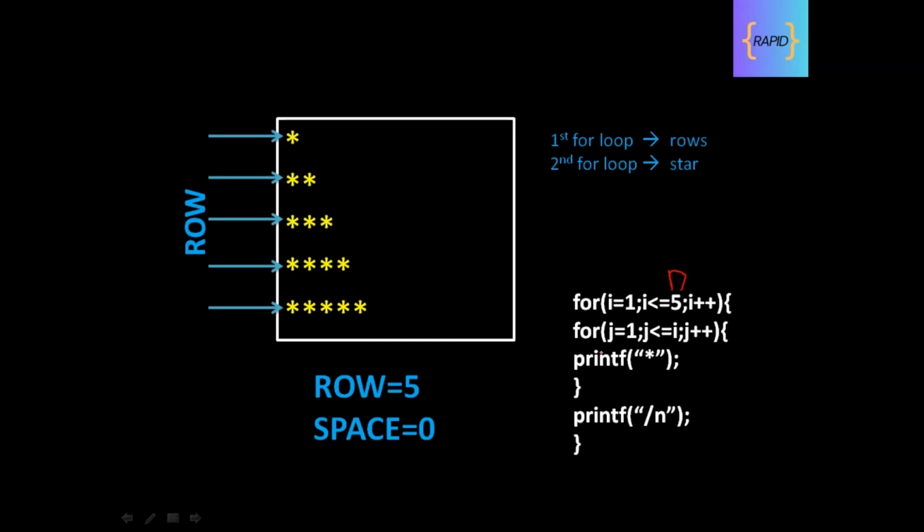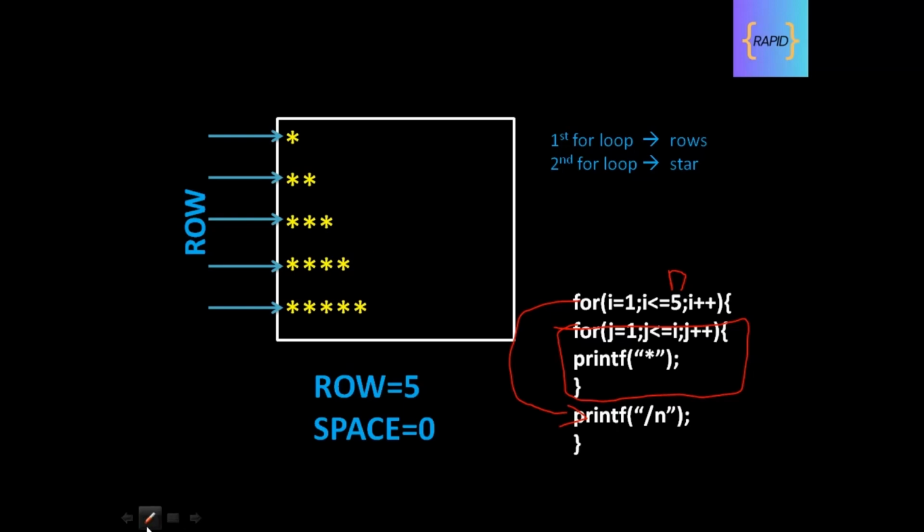In another for loop, we have j starting at 1, and we compare j with i, which is here 1, and we increment j by 1. And then we print a star. So this for loop is for printing stars, and this for loop is for printing the line, or you can say jumping from one line to another line.